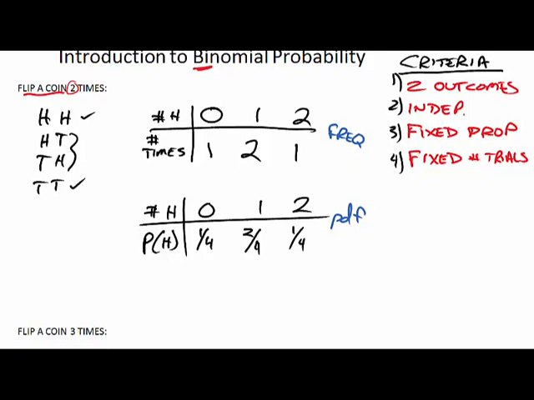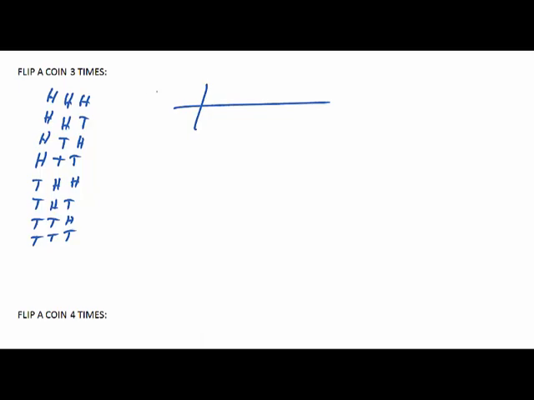All right, so what would happen if I flip a coin 3 times? What you see here is the entire sample space written out for what can happen when I flip 3 times. So let's recreate the same 2 charts that we had up above, looking at the number of heads, which if I'm flipping 3 times, I could have 0, 1, 2, or as many as 3 heads.